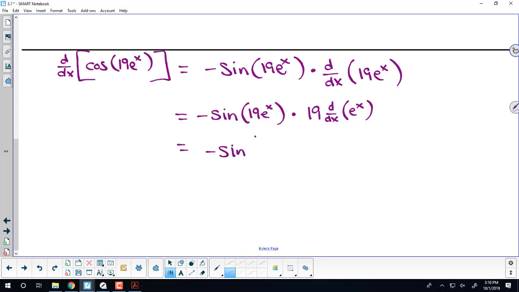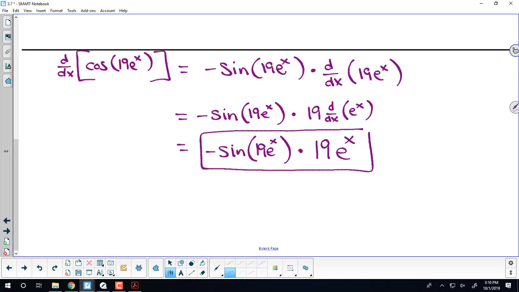So we have negative sine of 19 e to the x times 19 e to the x. With that one, we know we're done taking the derivative because we don't have any more d over dx. So that's the derivative of cosine of 19 e to the x.